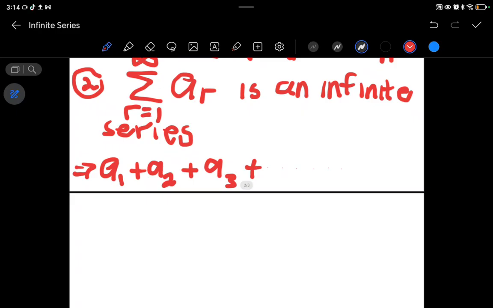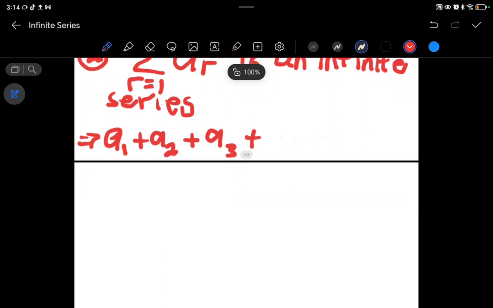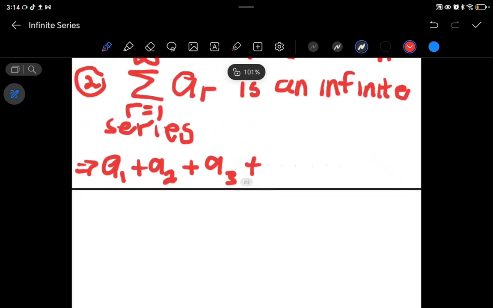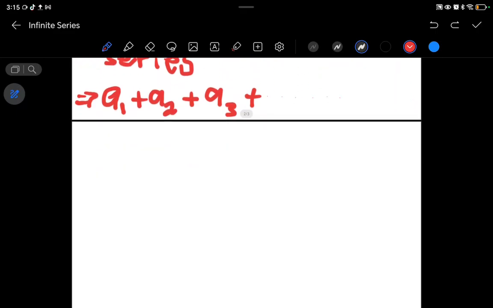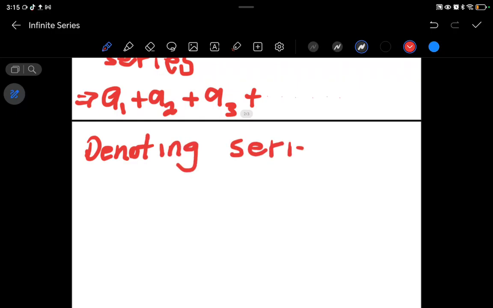Now, let's say I want to know how we denote the infinite series or the finite series. So let's start with the denoting. We have S of n.